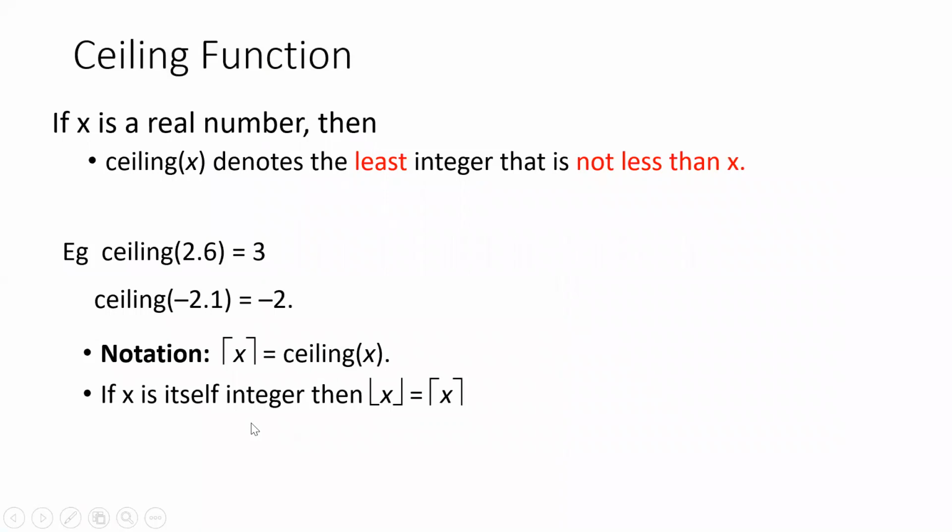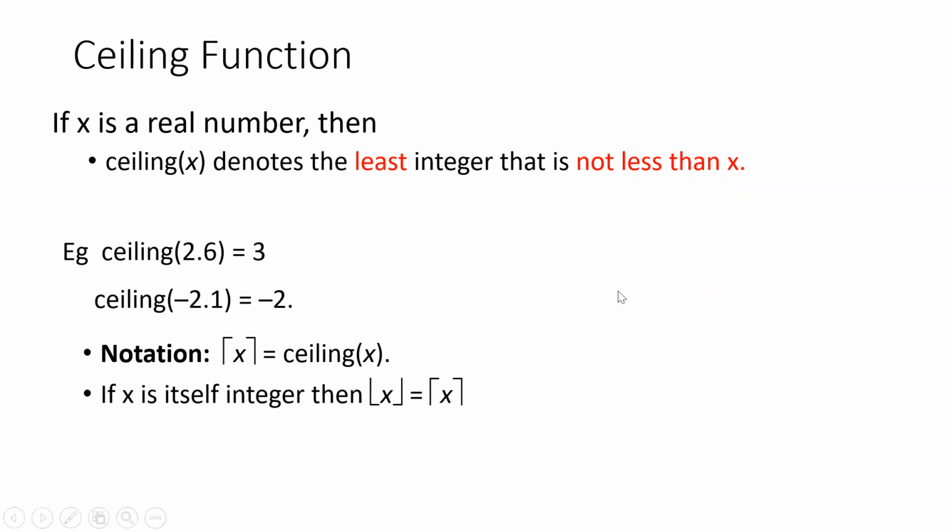Now, there is a relation between the floor and the ceiling. In all the definitions, I talked about the floor and ceiling of a real number, which has a decimal part. Now, suppose we are finding the floor and ceiling of an integer itself. Integer means we don't have any decimal part. Then what will happen?